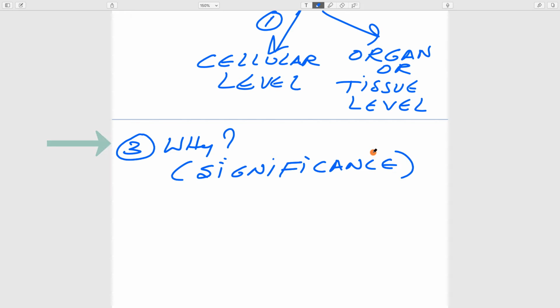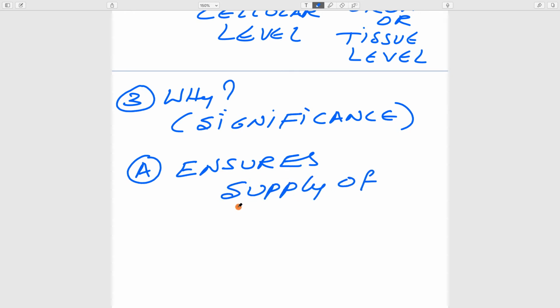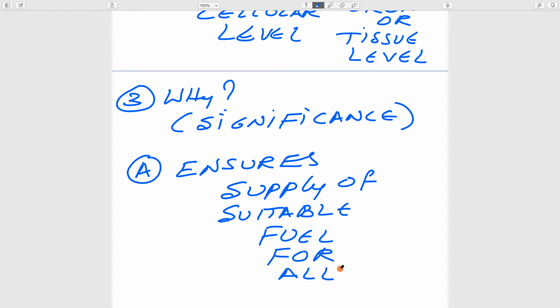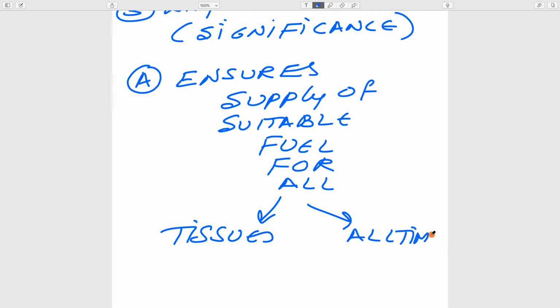The first one is that it ensures supply of suitable fuel for all tissues, and also at all times.